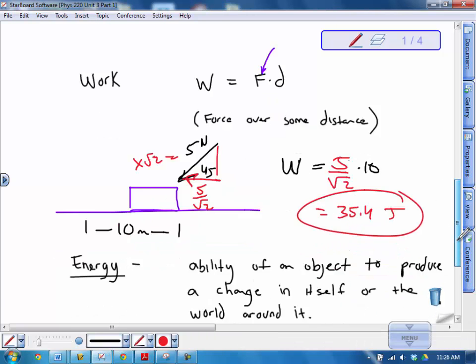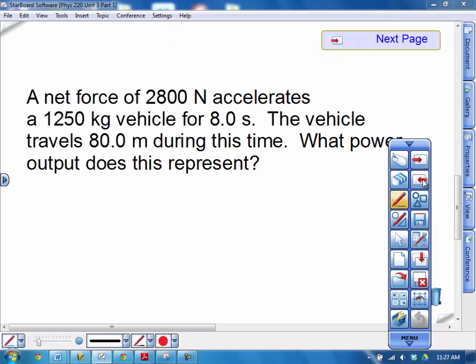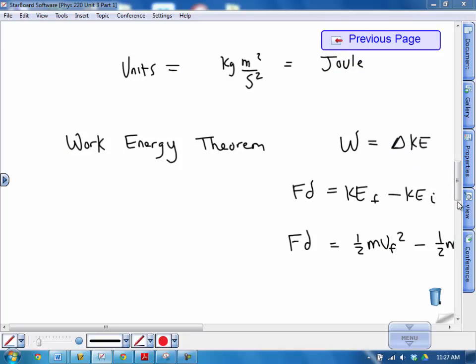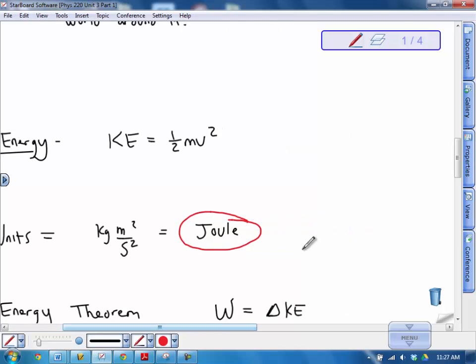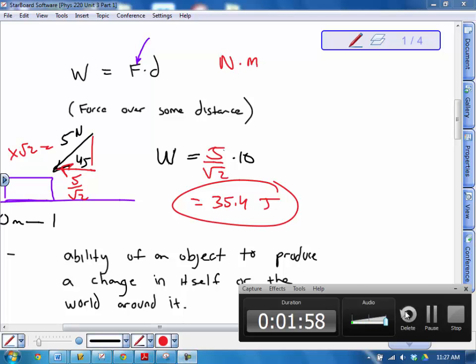Let me show you the units real quick. Right here, the units are kilogram meters squared per second squared, which we're going to call a joule. Same thing with work, it's force times distance, so a newton times a meter is also a joule. You'll see that they're the same if you plug in a newton.